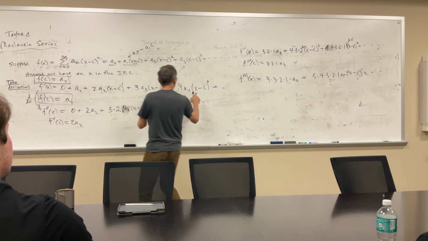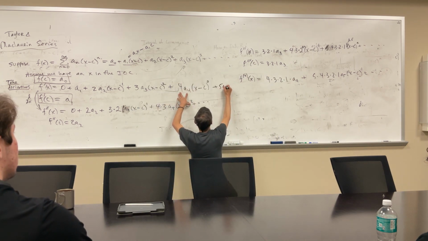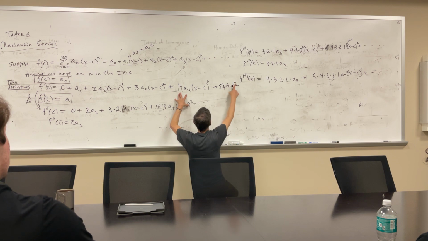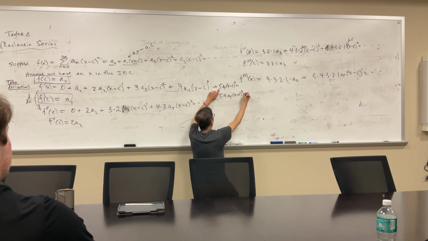So why is A5 5 times 4 times 3 times 2 times 1? Because if we had kept going, the next thing here would have been 5x minus c to the 4th, just looking at this rhythm. Every time I take a derivative, the exponent comes down and also diminishes. So after doing this 4 more times, next time I'm going to get 5 times 4, A5, x minus c cubed.